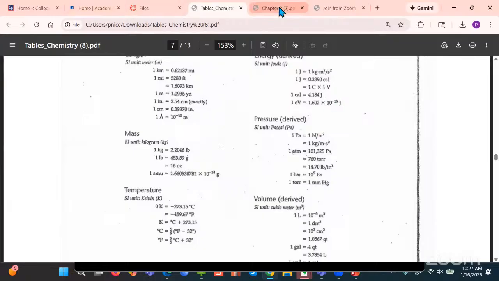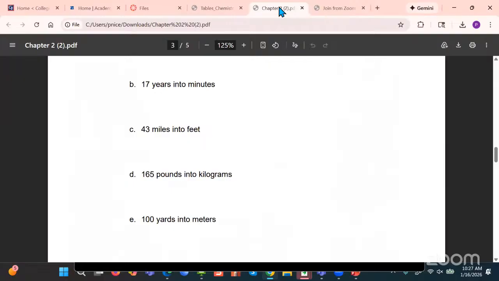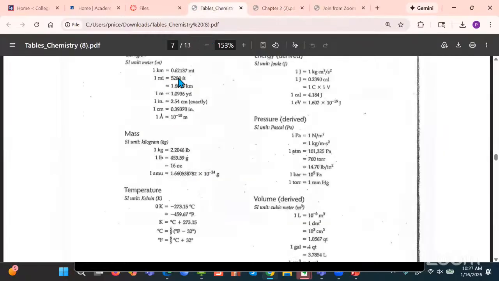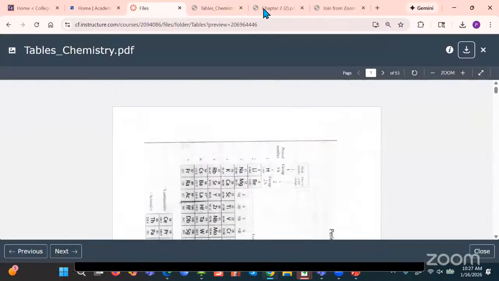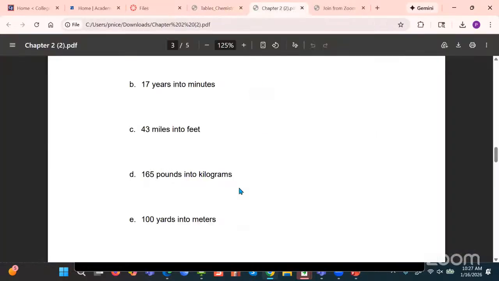So the question is asking for the relation to go from miles to feet, right? So we will go to this part right here, and we have a direct relationship right here. 1 mile is equal to 5,280 feet. All right. So how do we set this up?